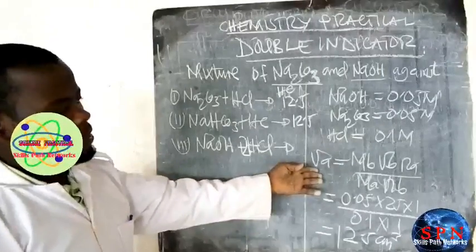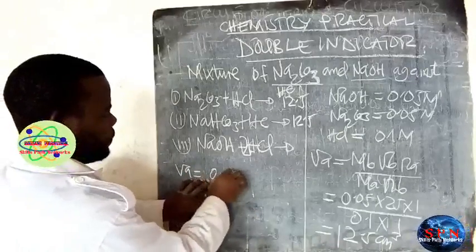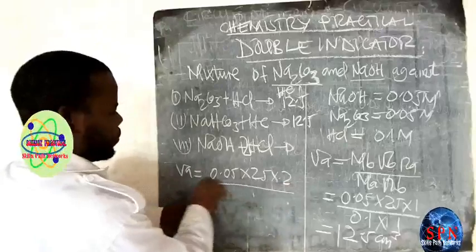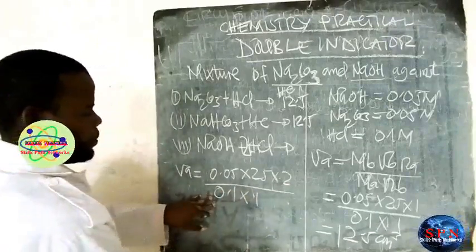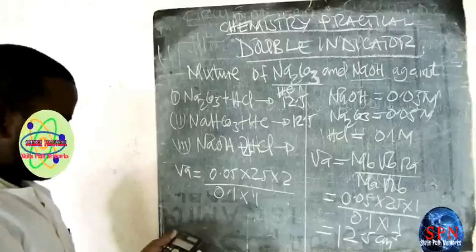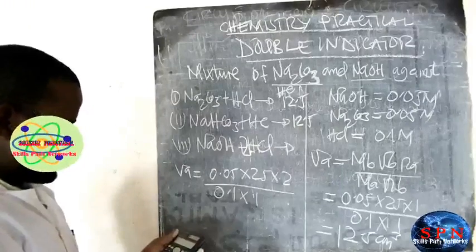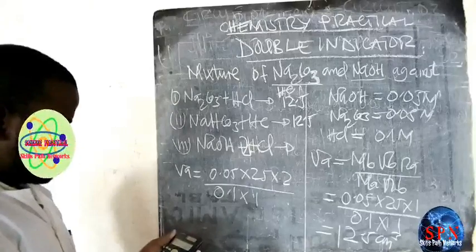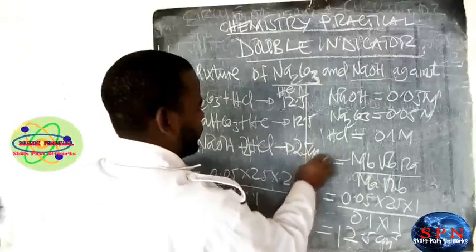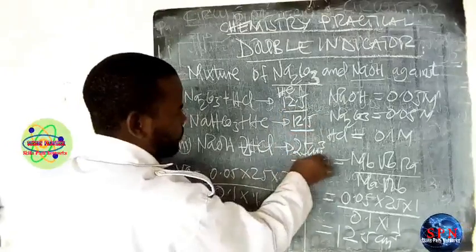So using our formula, VA is equal to 0.05 times 25 times 2, over 0.1 times 1, which is 25. That is our volume under titration.